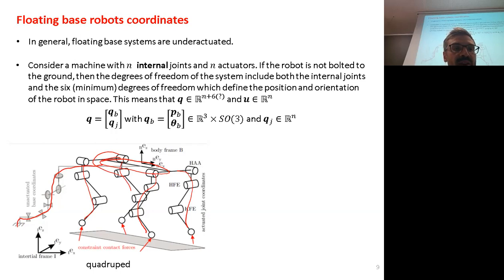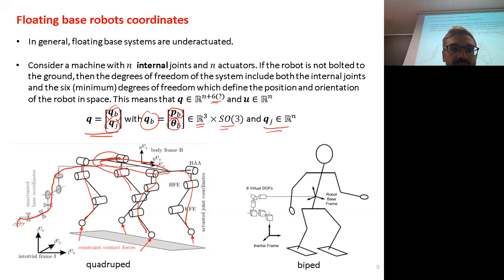So the coordinates will have the floating base part q_B and the joint space part q_J. And the floating base part can have a dimension that will be 3-dimensional for the position, for example, of the floating base, and according to which orientation representation we select, the rotation matrix or quaternions, will have a different size for this q_B. While the joint part will always be R^n.